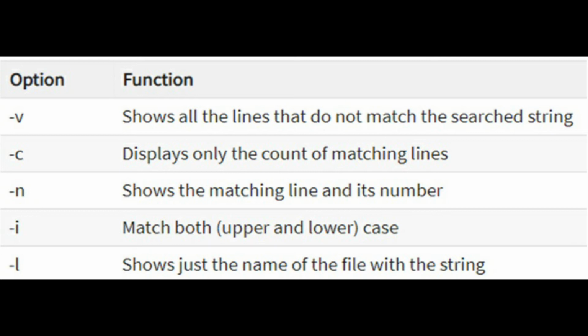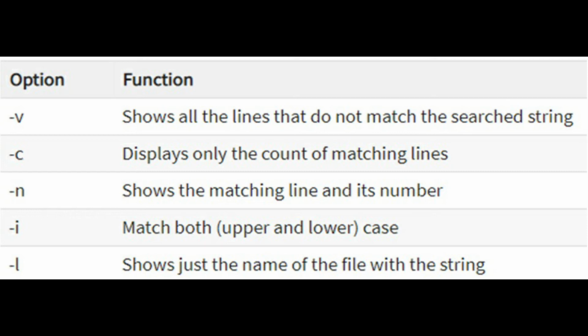We have the option -v, which shows all the lines that do not match the search string. So along with the grep command, you have to give a string and the option -v. It shows all the lines that did not match the search string. So apart from the string given, it will show all the other lines which did not contain the specified string that you had mentioned in the command.